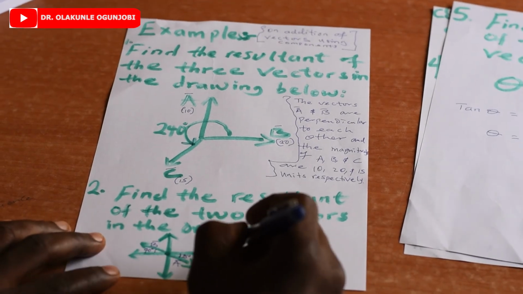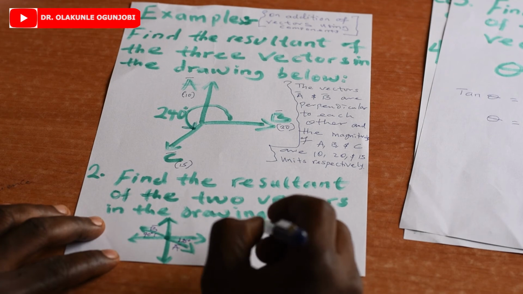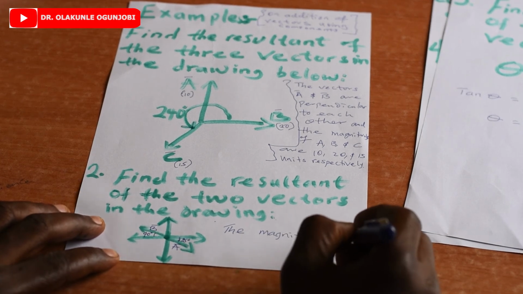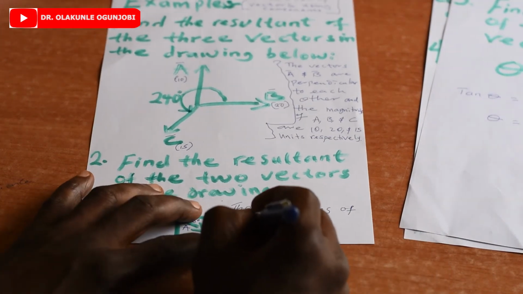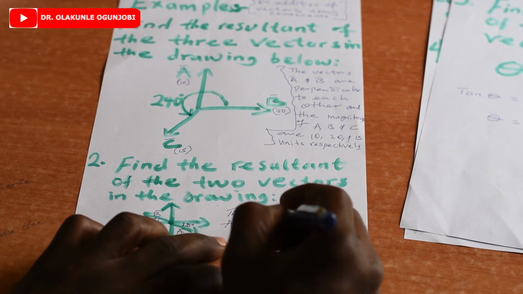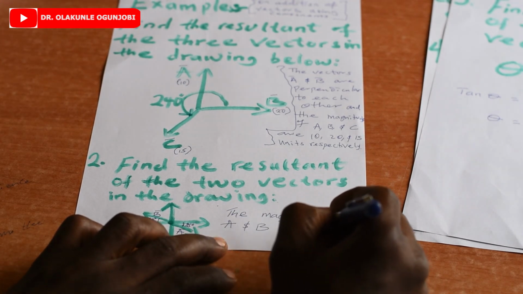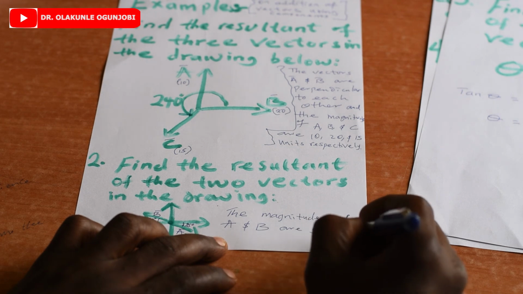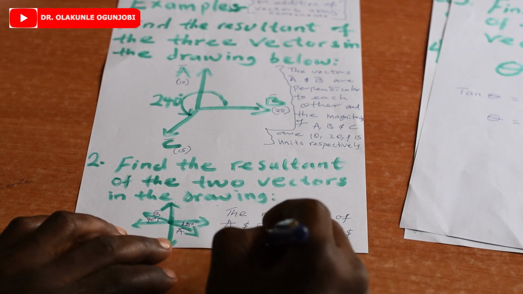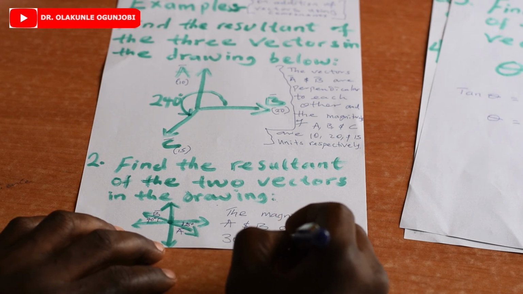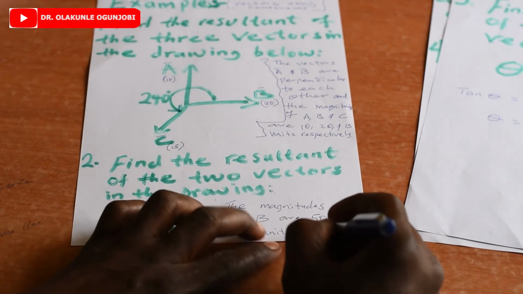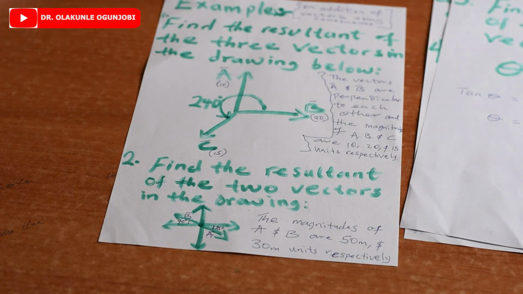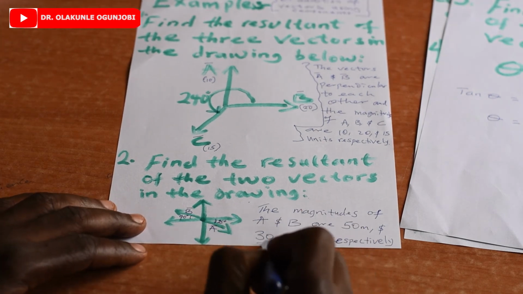Let's say the magnitudes of A and B are 50 meters and 30 meters respectively.